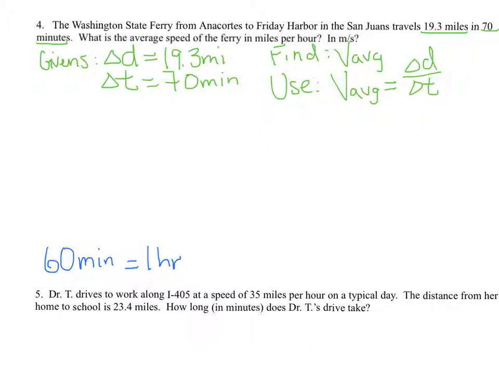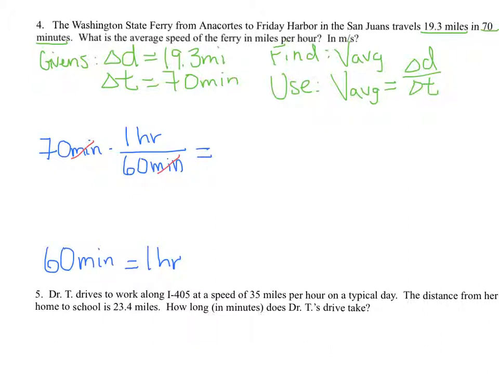So I can actually convert this 70 minutes times a conversion factor. I want to end up with hours in the numerator, and my minutes should cancel out, so I'll put hours up here, and my 60 minutes down here. I'm going to just check here. My units cancel out. Good.